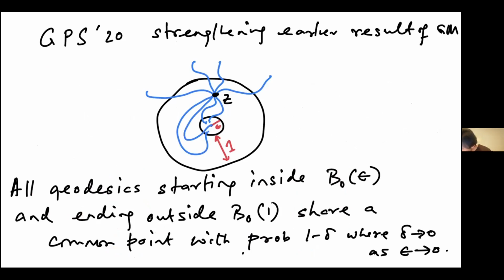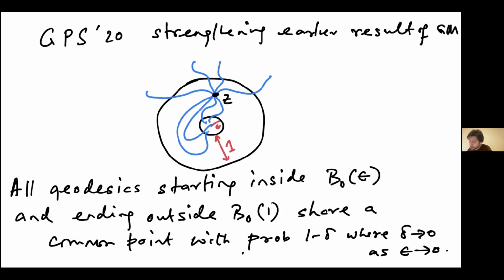So maybe the figure is not as nice as I would have liked it to be, but let's say you have two balls, both centered at the origin. So this is the origin. You have two balls, one with unit radius, the other one has radius epsilon.